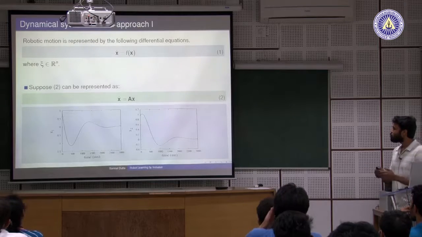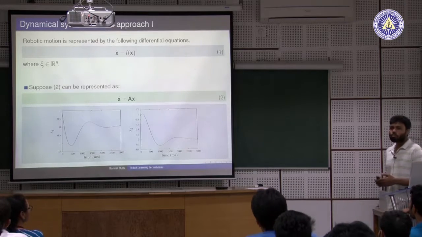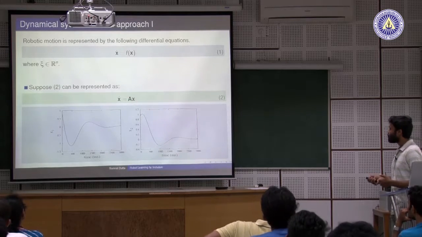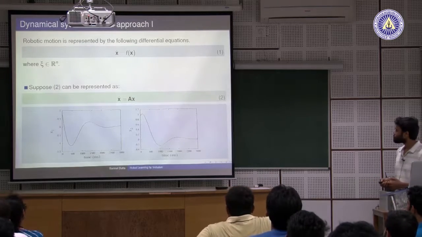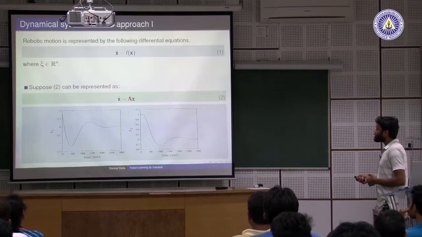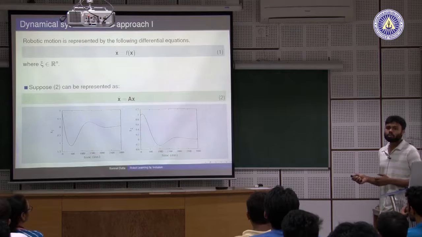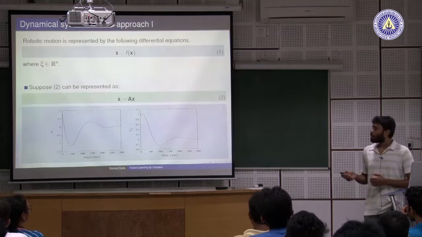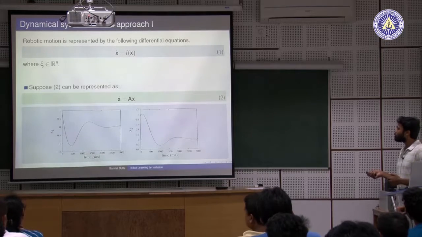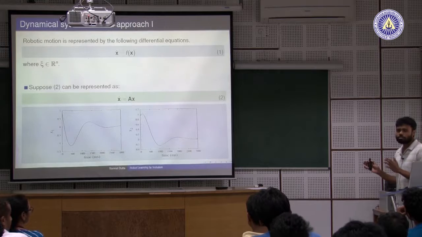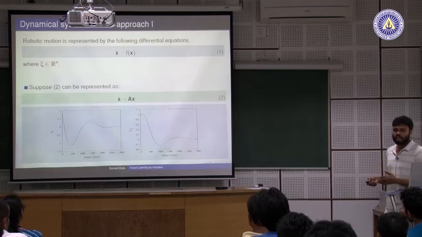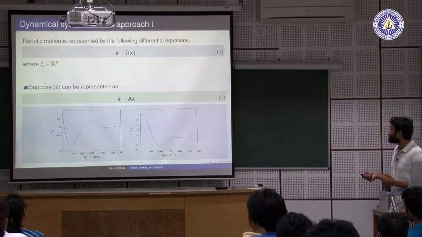Now, suppose for this moment somehow we have learned that this f(x) can be represented by Ax. So, x dot is Ax, right. Now, if we choose A as negative definite, the system is asymptotically stable, right. So, for a particular set of parameters we evolve the system, the system unfolds in time and we get this kind of response.